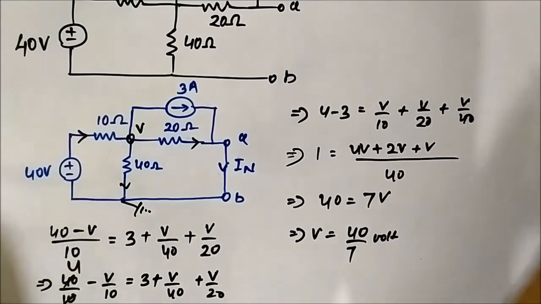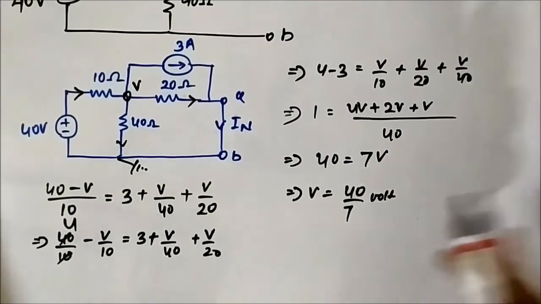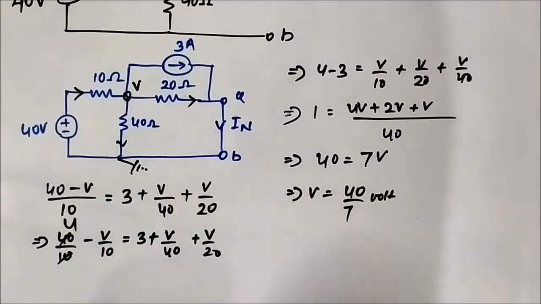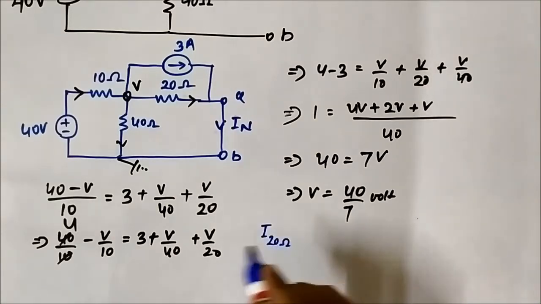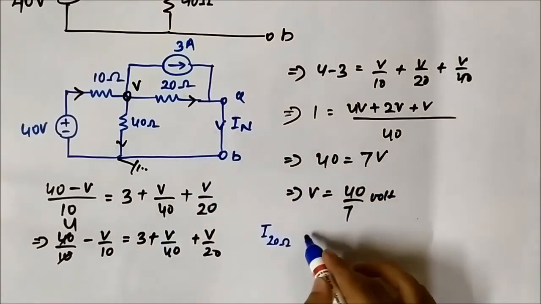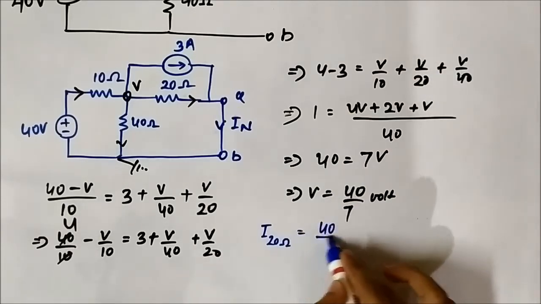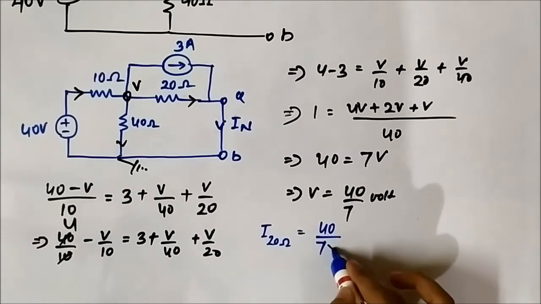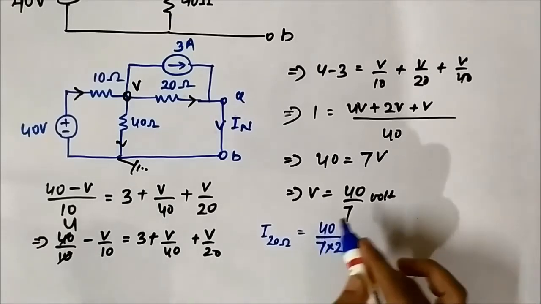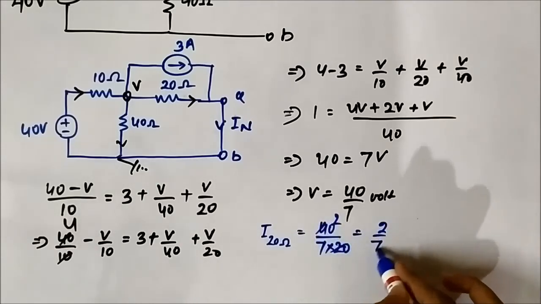Now current flowing through this 20 ohm resistor, let us call it I 20 ohm, that is V by 20, which is 40 by 7 divided by 20, which is 2 by 7 ampere.